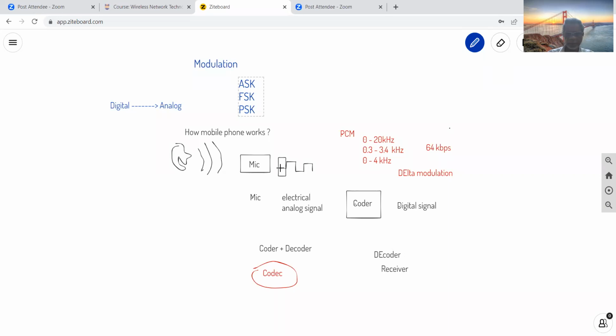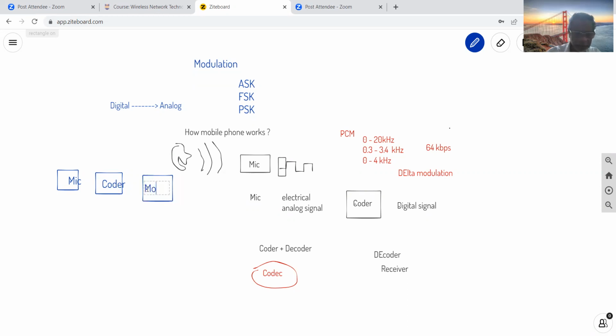Now, you have the microphone, then you have the coder. First you have the mic. Then you have the coder. Then you have the modulator.